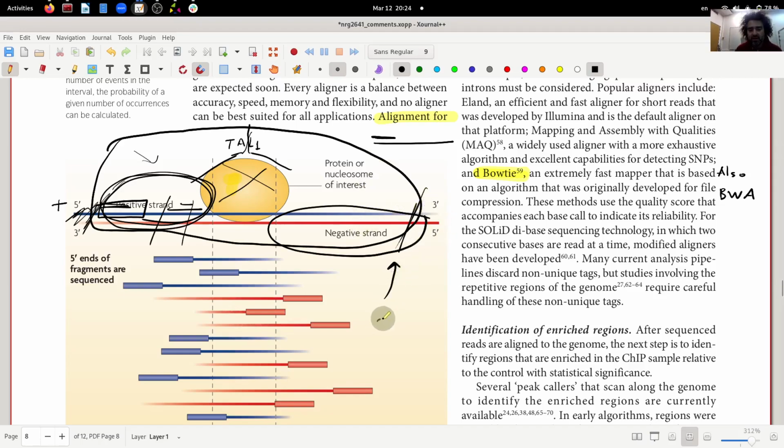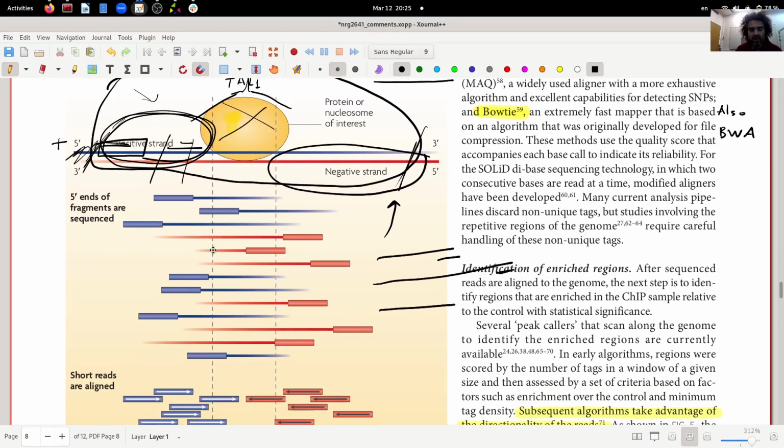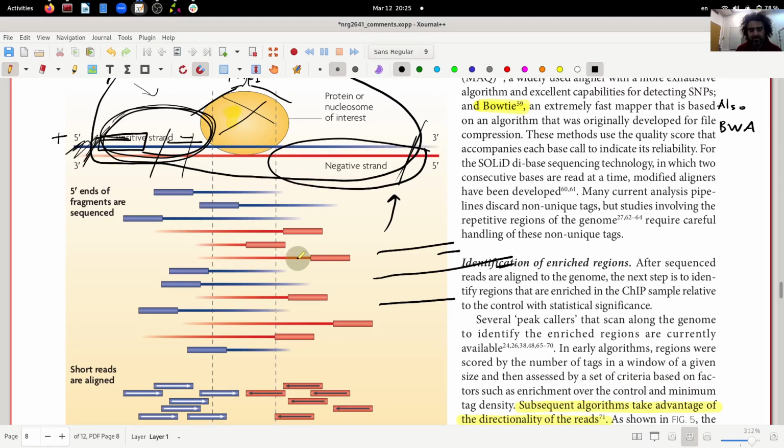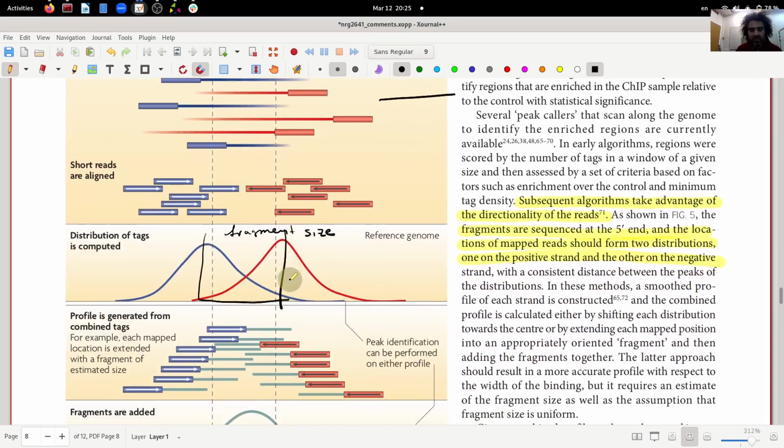And from the minus strand, we will sequence this part. Now it's possible that the fragment is bigger, so we'll sequence this part here, a bit on the right. And also the plus strand fragment might be bigger, so we'll sequence somewhere here. But on average, the reads that we will sequence from the plus strand and the minus strand will differ by the average fragment size, which will be this distance here.